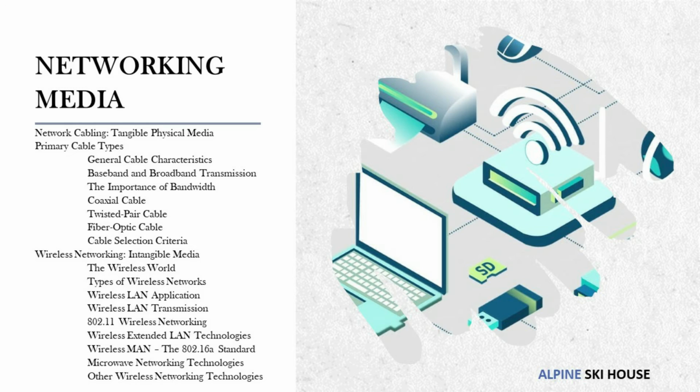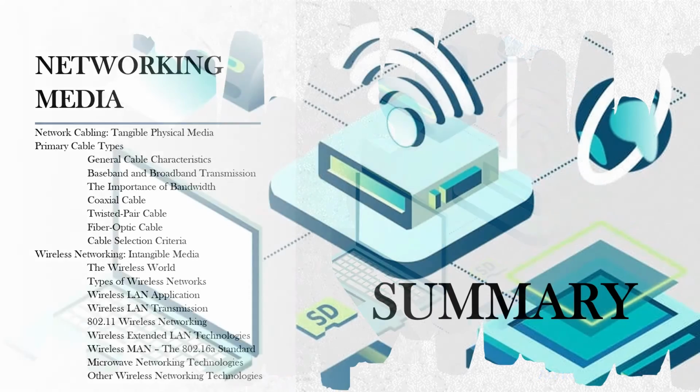Wireless networking in intangible media: the wireless world, types of wireless networks, wireless LAN application, wireless LAN transmission, 802.11 wireless networking, wireless extended LAN technologies, wireless MAN, the 802.16a standard, microwave networking technologies, and lastly, other wireless networking technologies.